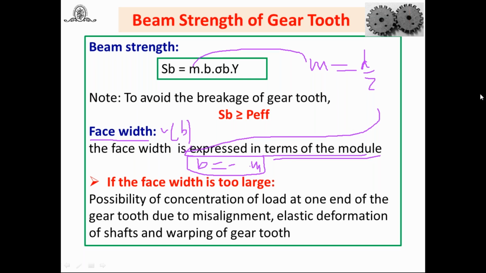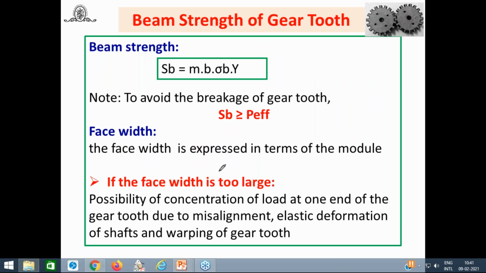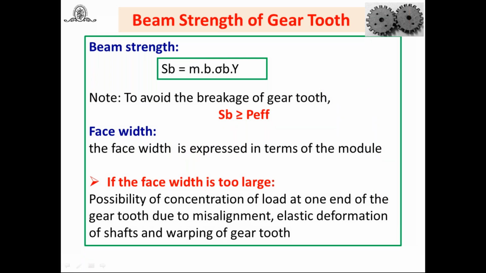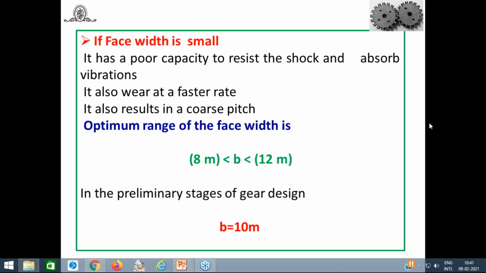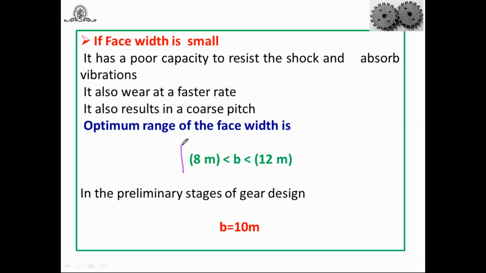First we will see, if the face width is not given and you don't know the value of face width, at that time what you have to do is assume the gear tooth face width. It is in the range of 8 times module to 12 times module.